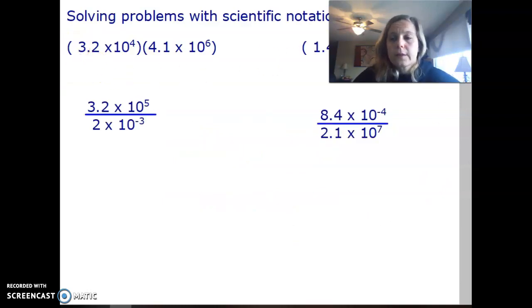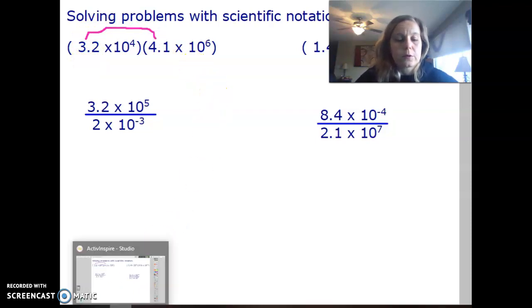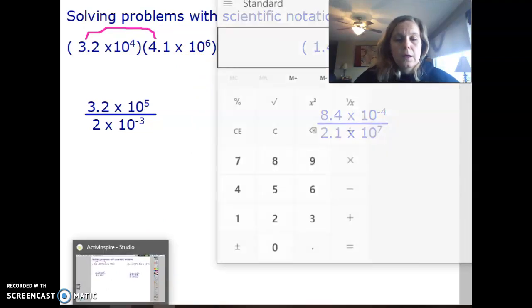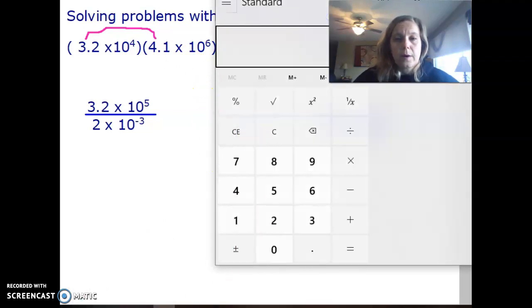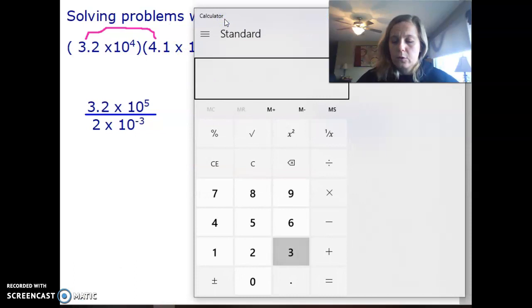So if I look at this first problem over here, you guys, I've got 3.2 times 4.1. What this is telling us to do is multiply those two numbers together. 3.2 times 4.1 gives us 13.12.